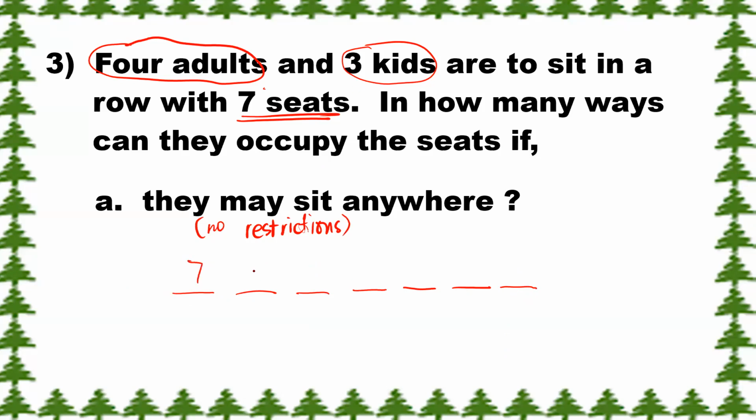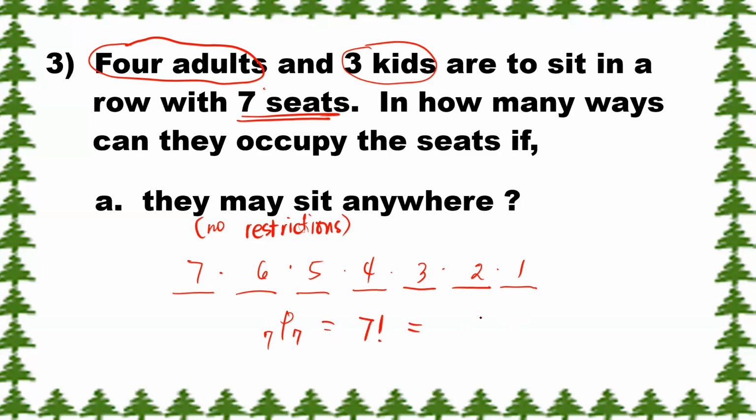So that's 7 times 6 times 5 times 4 times 3 times 2 times 1. Meaning, for the first position, there are 7 choices, 6 choices for the second, and so on. And this is actually permutation of 7 taken 7 at a time, or 7 factorial.